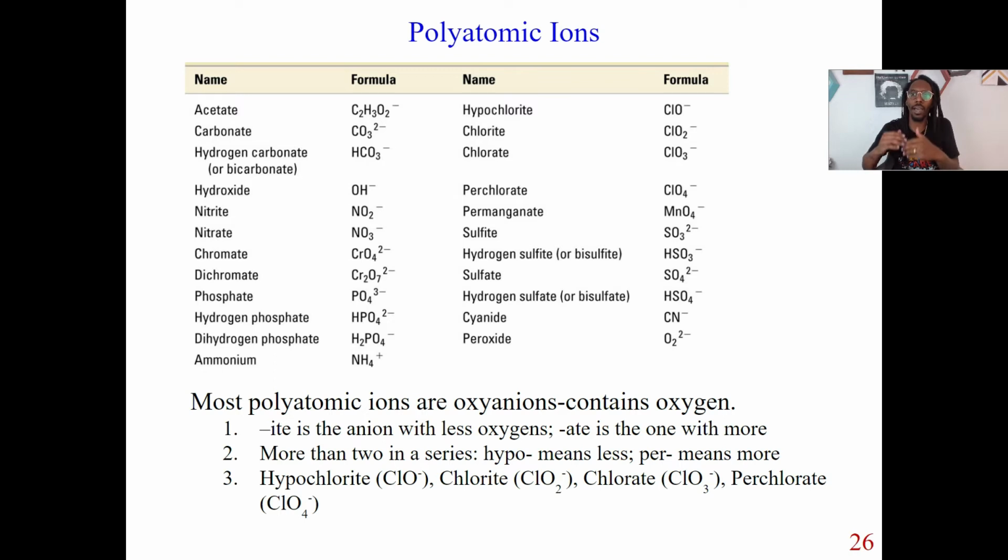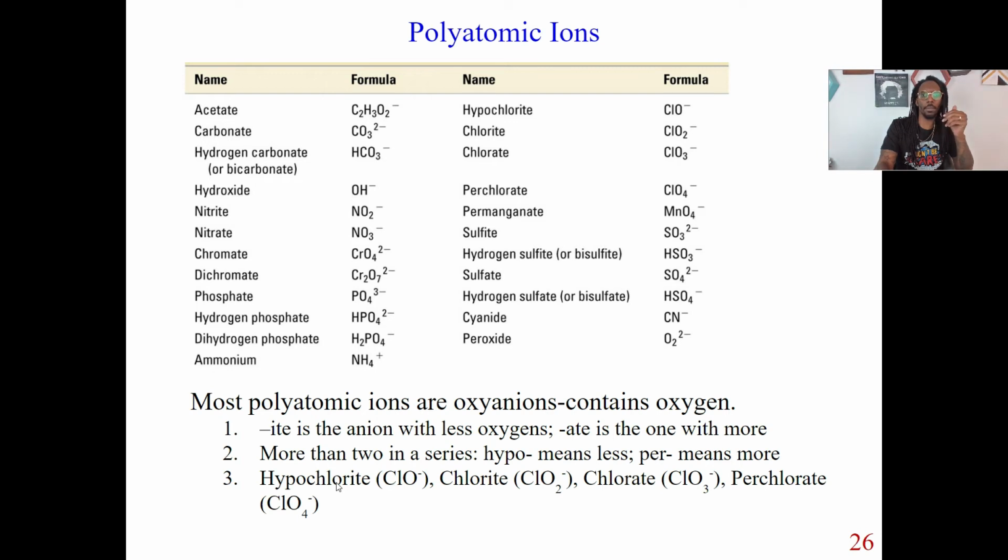If you have a series, hypo means less. If we think about hypothermia, all that type of stuff, the meaning of hypo is low. So hypo in this case will mean less; we have the least amount. Per in this case means that we have more.